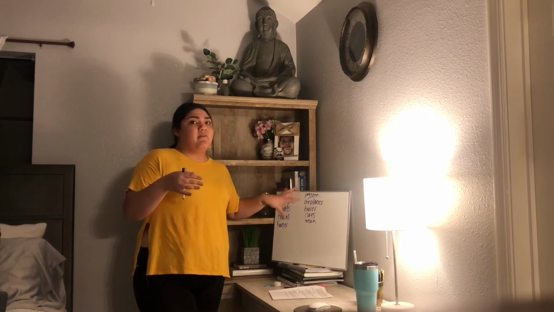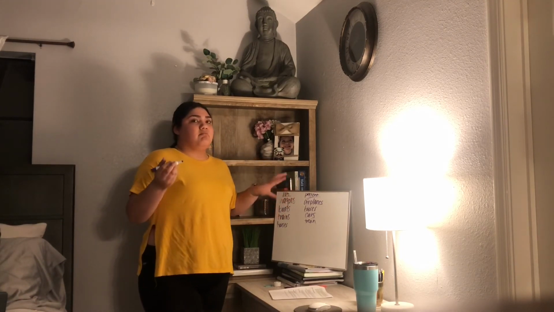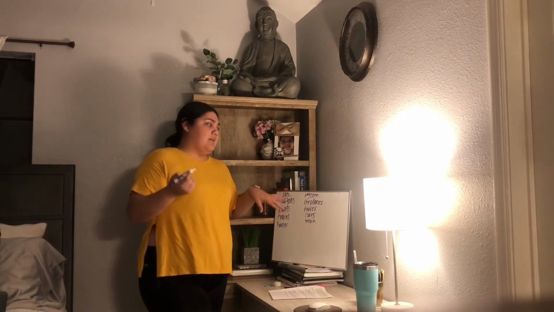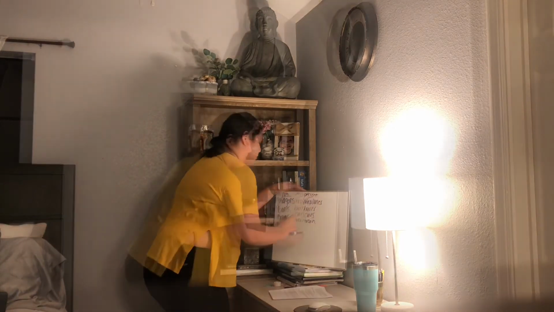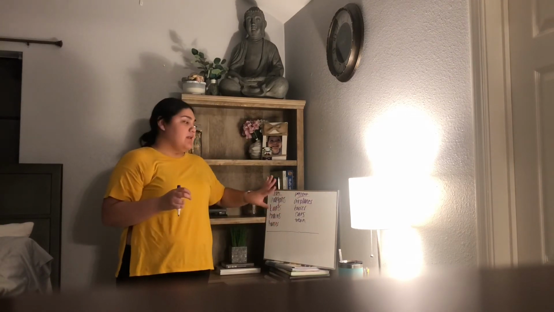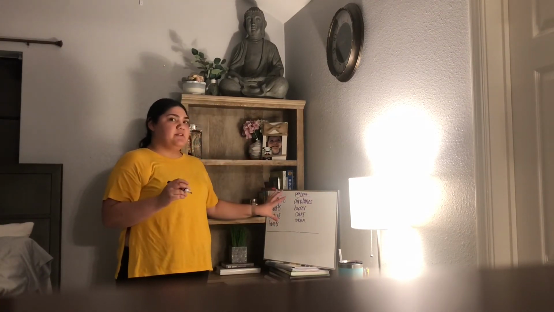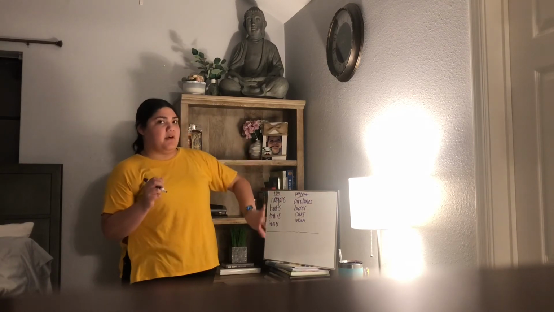But since we have positives, we also have negatives. So now that we have the positives, we're going to talk about the negatives. Because of the positives, we also have negative consequences.